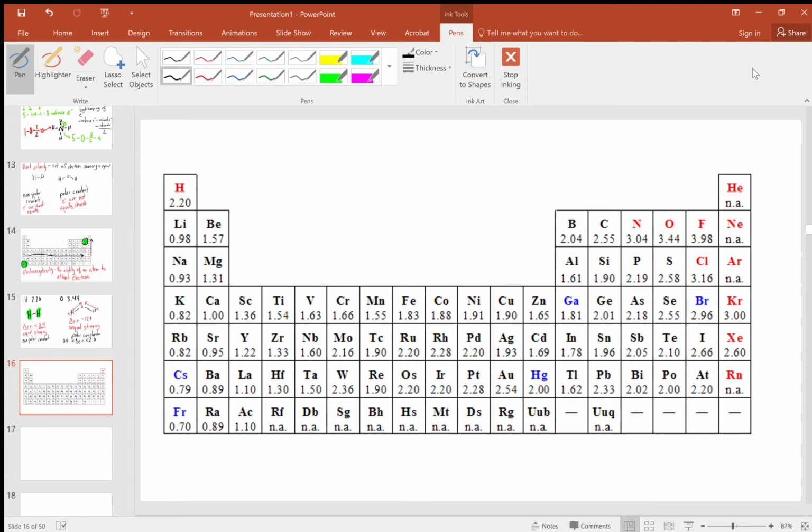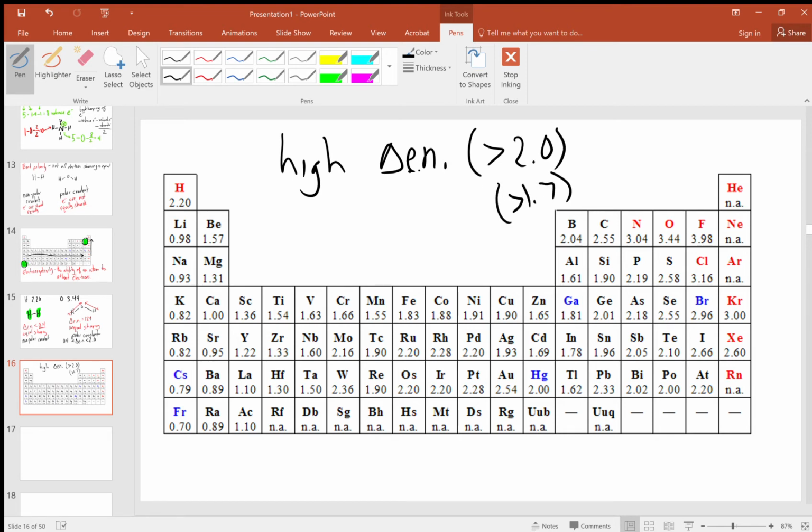Now, what you've probably noticed in any of those pairs that you've chosen where the difference in electronegativity is that high, you have a metal and a nonmetal. And so for a high difference in electronegativity, again, greater than 2, you may see this in some sources as greater than 1.7. Again, it's going to be a little bit different in different sources. But typically, if you have this very high difference, that's what leads to an ionic bond.